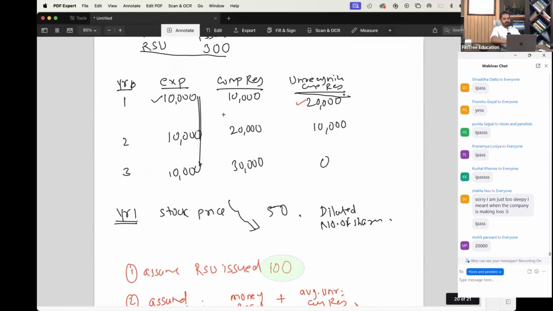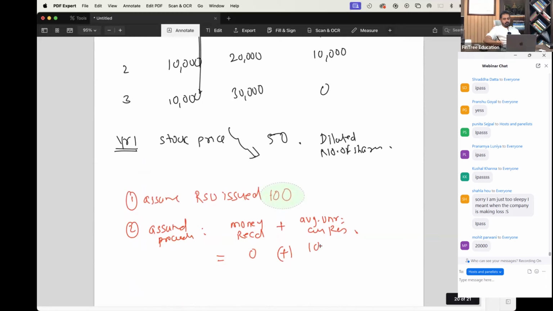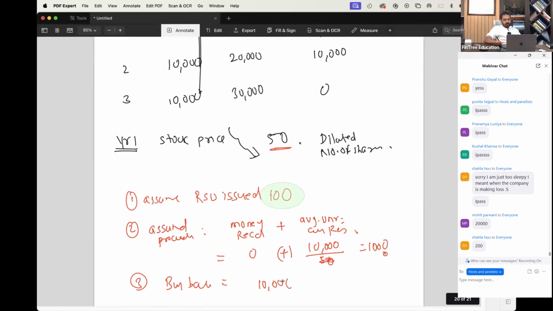So average is how much? 10,000. So 10,000 divided by the average stock price today, 50. So how many shares? Buyback is going to be 10,000 divided by the stock price of 50, which is 200.